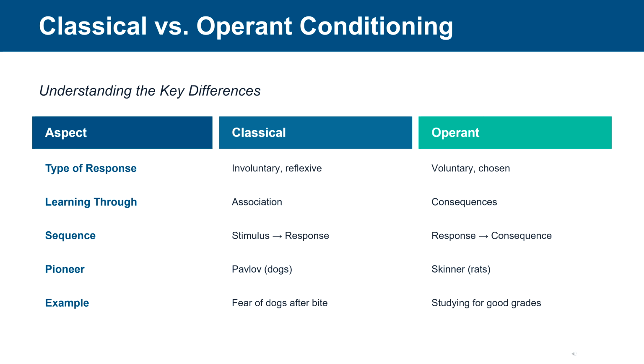In classical conditioning, the stimulus comes first and triggers a response. In operant conditioning, we perform a behavior and then experience consequences. The examples are fear of dogs after a bite for classical, and studying for good grades for operant conditioning.